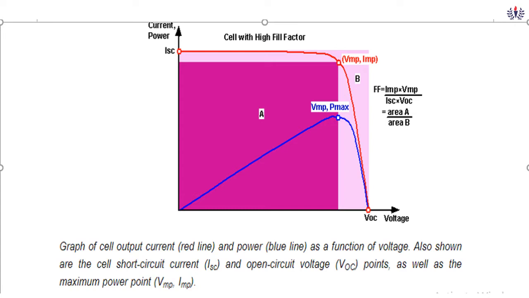So this is the graph of the cell output current and power as a function of voltage. The short circuit current and open circuit voltage points are also shown in the figure. This is the expression for the fill factor.